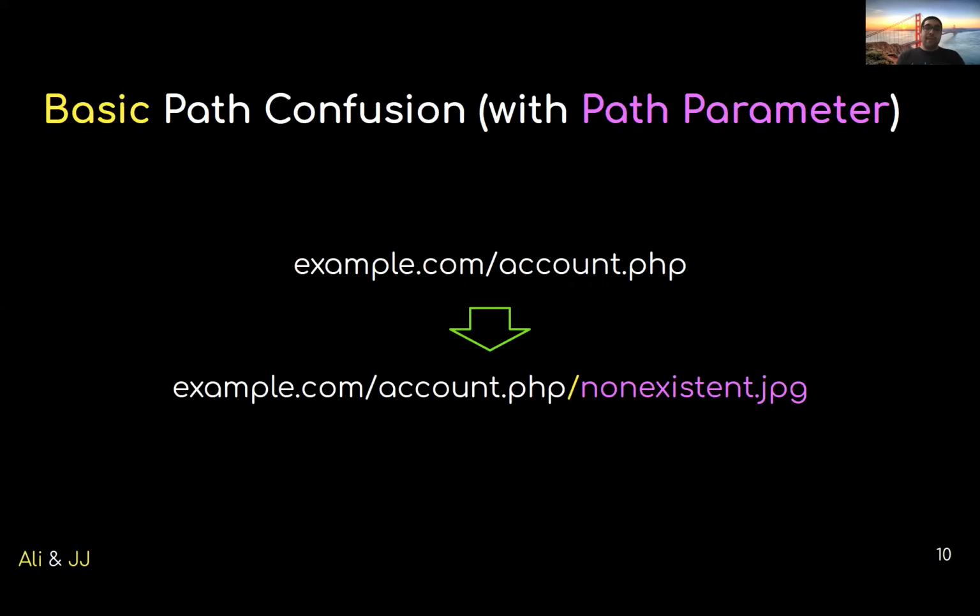The basic path confusion on which the initial web cache deception was introduced used the path parameter. For example, if we have example.com/account.php, the attacker can append /nonexistent.jpg to this URL and request it.